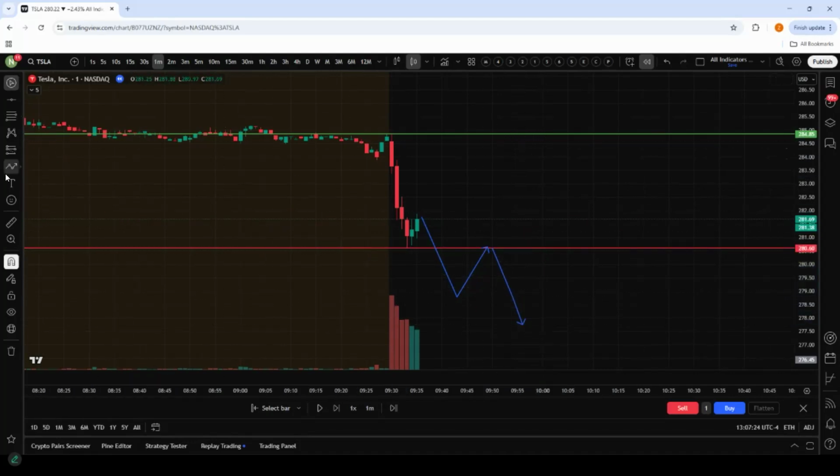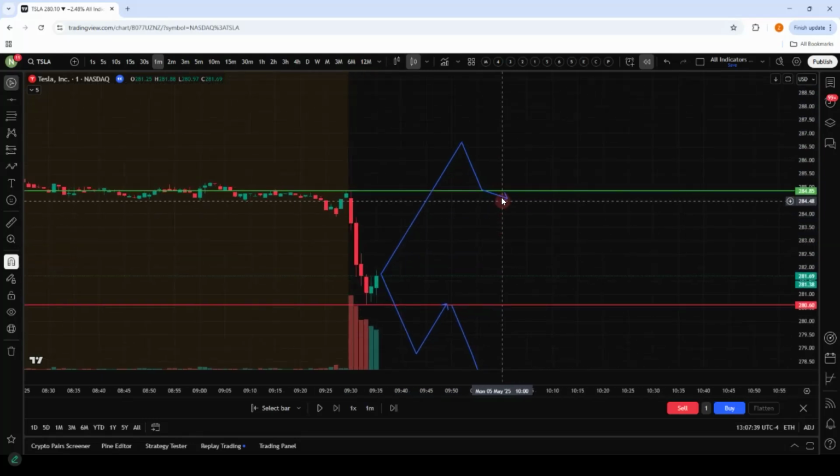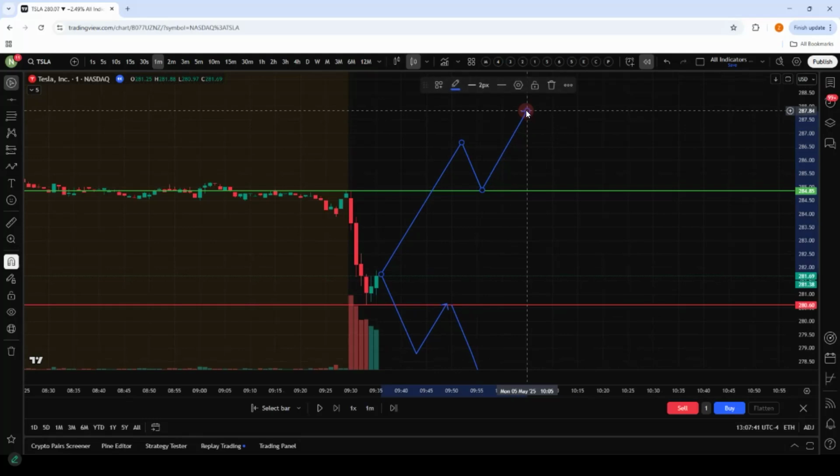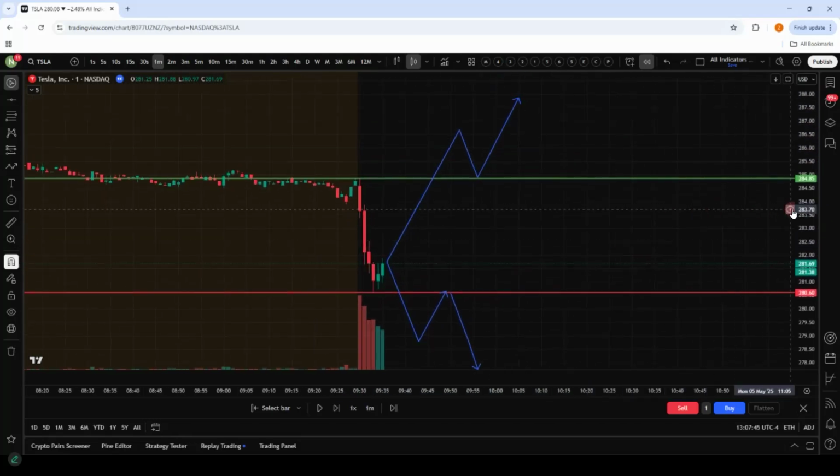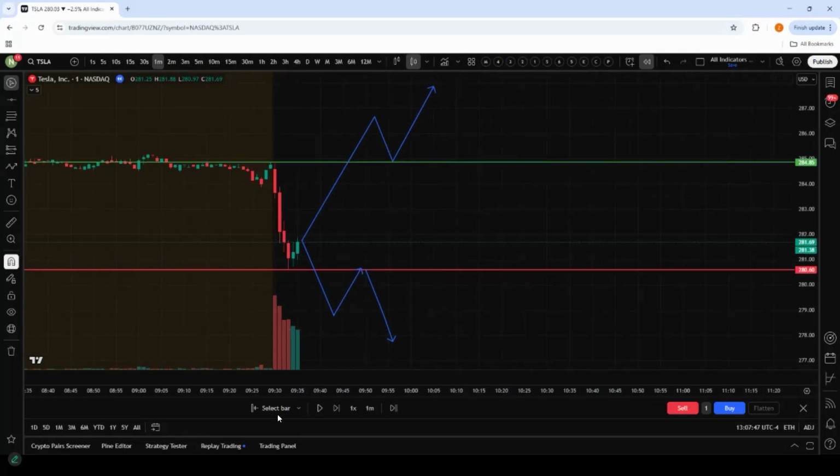The other scenario that we could be looking for is for the price to break this green line with displacement, retrace back to the green line, and then take a long position if we see a strong green candle up, and take the trade long with a 2-to-1 risk to reward ratio. So let's press play and see what happens.